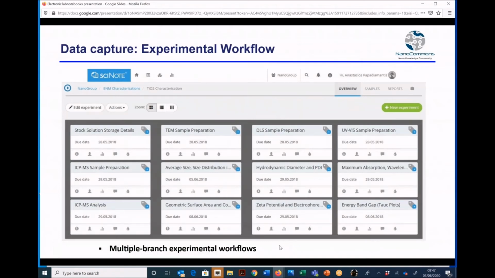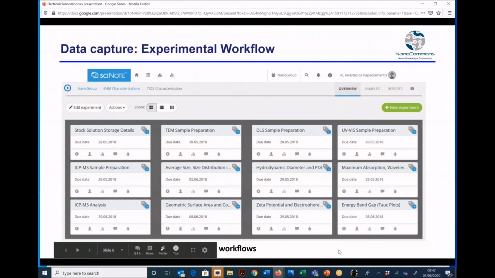So in terms of the experimental workflow, we can have multi-branched experiments. So you can have, for example, details of how you store your stock solution, then how you prepare your samples for different endpoints, so for TEM or for DLS or for UV-Vis, for example, and then you have the actual protocol for each of those endpoints and so on.